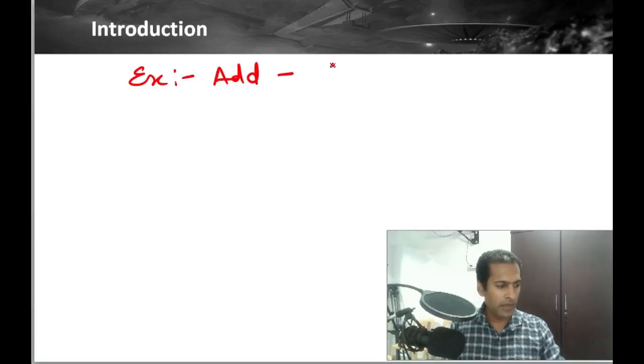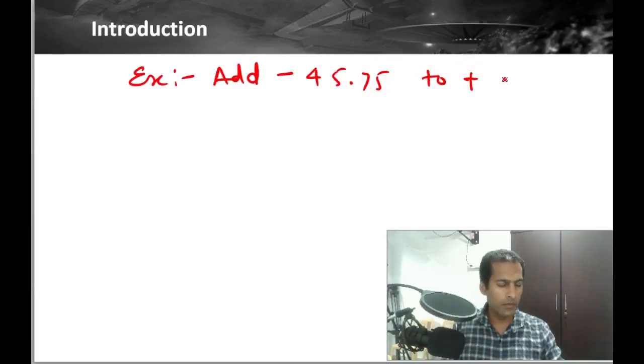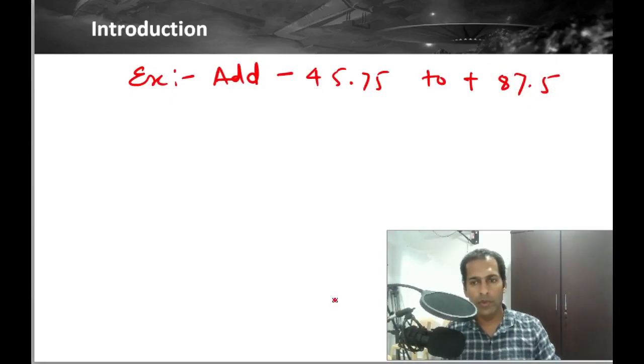Now let us see one more example here. Say example given as add minus 45.75 to plus 87.5 using 12-bit 2's complement arithmetic.